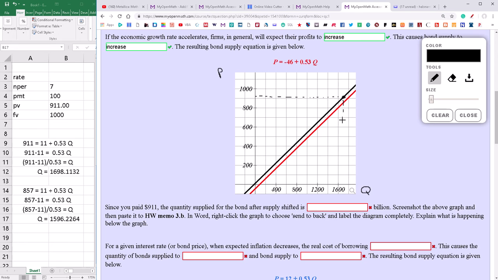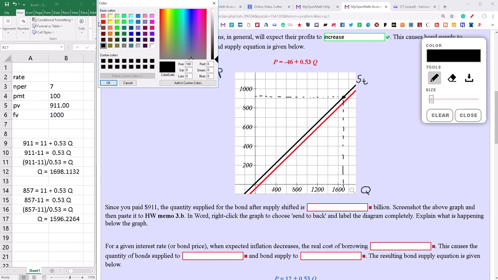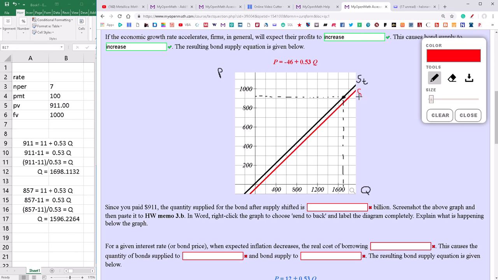Then we drop down. Okay, and this is supply at time t, today, and then this is supply tomorrow, t being today, and then 1 year into the future, right? Or one period into the future. Period could be a month or a year. Okay, so that's supply next year.